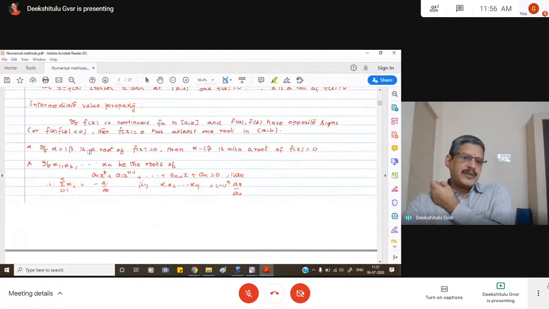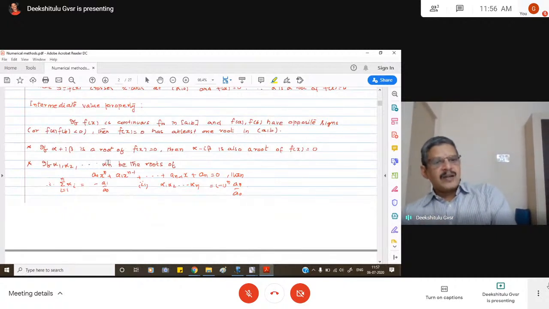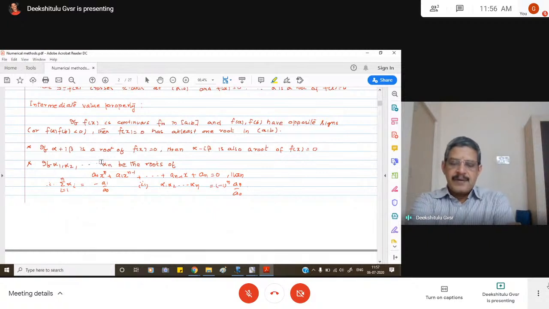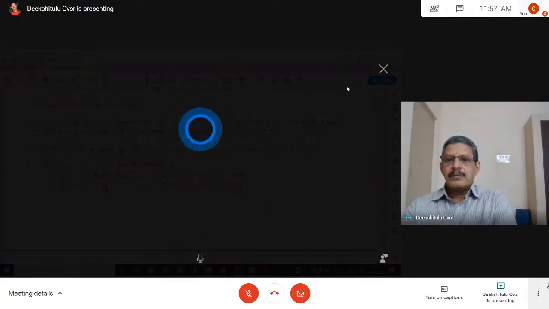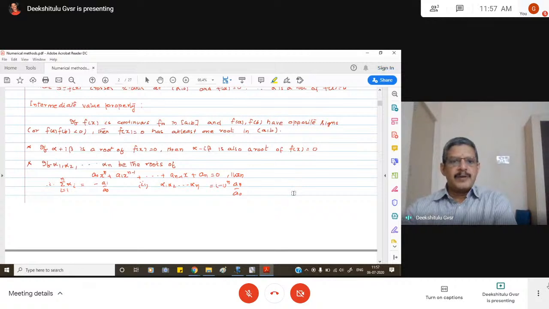Another important point that we require is: if alpha + i beta is a root of f(x), in complex numbers we know that alpha - i beta is also a root of the polynomial. As a consequence, say for example, you take a third degree polynomial. Then how many roots do we have? Three roots. Then can you have two different complex numbers as roots?